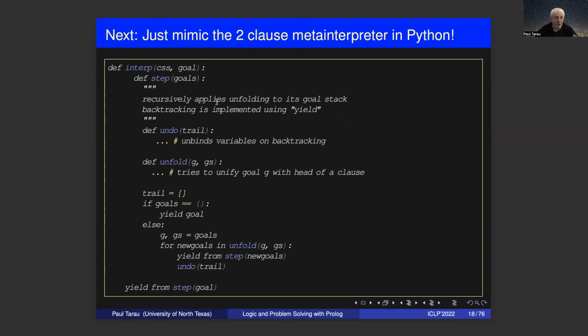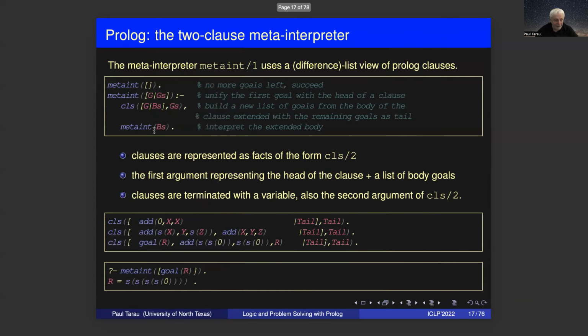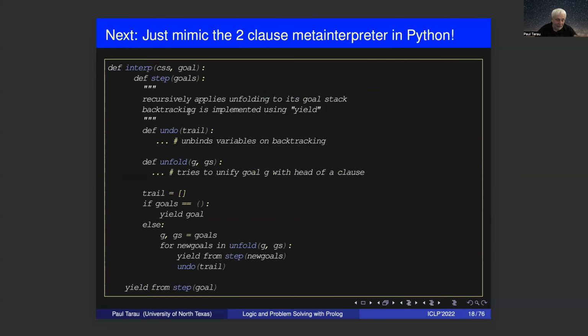You recursively apply unfolding. Unfolding is what I showed you here. Basically, when you unfold a clause, you replace one of the goals with an extended, longer list of goals coming from the body of the clause, right? And that happens if the unification works.